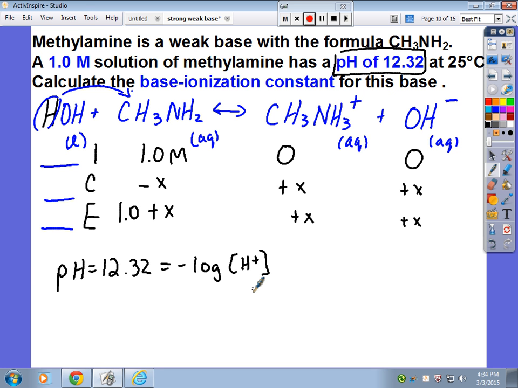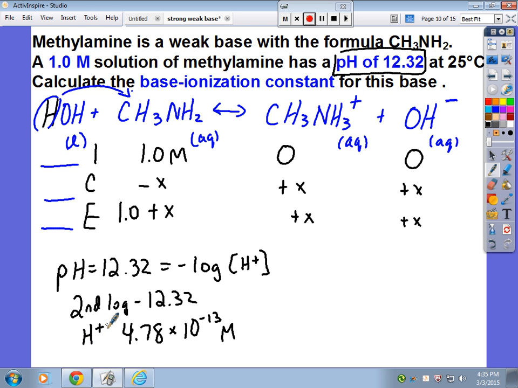My hydrogen ion concentration is equal to the antilog, second log, of negative 12.32. And that's going to give me a value of 4.78 or 4.79 times 10 to the negative 13. And that's my molarity for my hydrogen ion concentration.